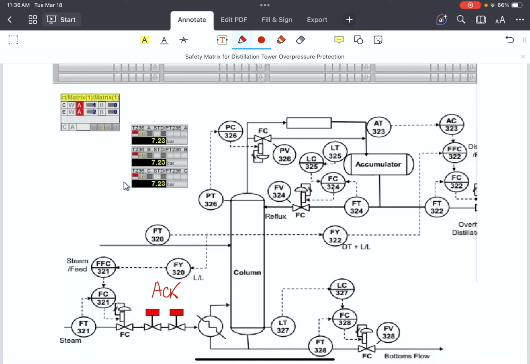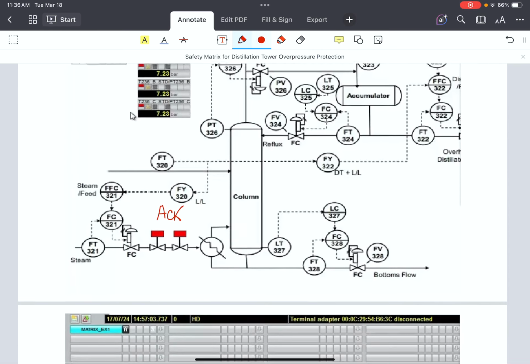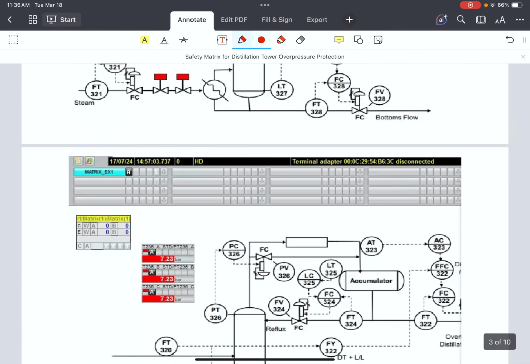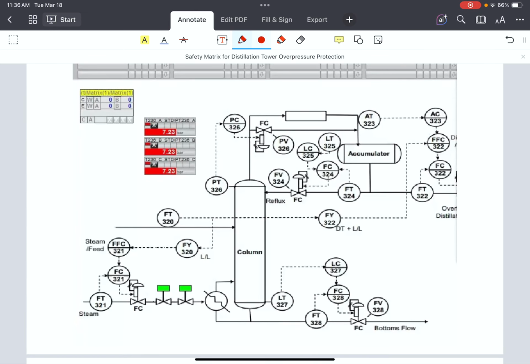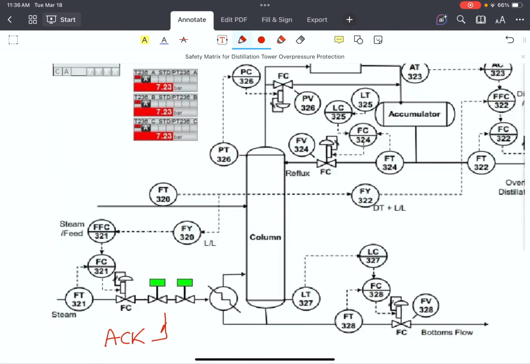In this slide, consider we are at the time after power cycle, and the operator needs to acknowledge by using possibly a safety digital input. You can see that in this slide, acknowledgement is done. Acknowledgement by the operation team is done, and valves are open, and it's possible to operate the distillation tower.